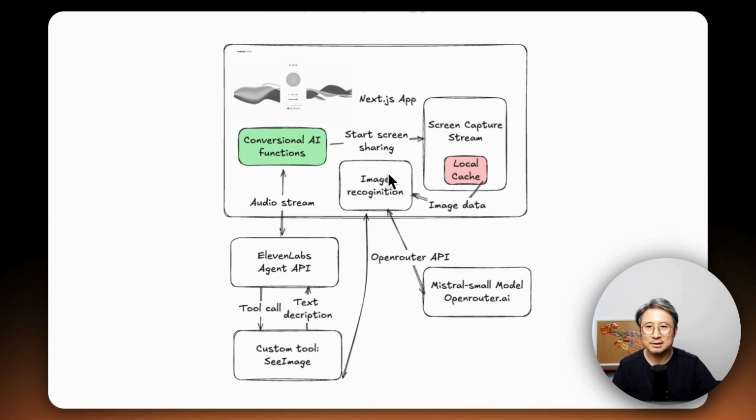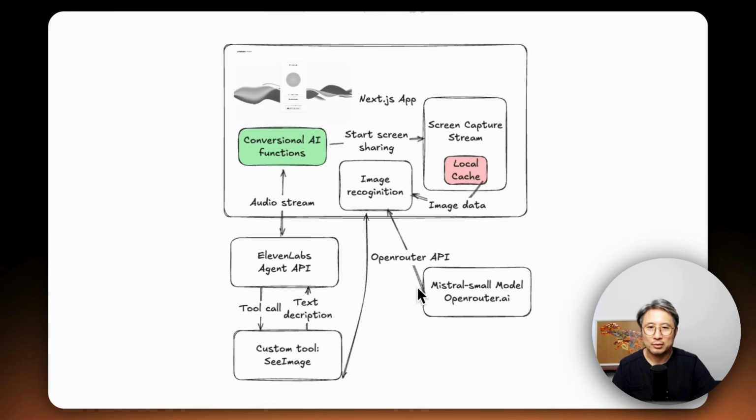This processing block then runs the CImage function, which takes the latest screenshot from the screen share storage and sends it to an external vision model. Like I said, we use Mistral Small for its quick and cheap inference, through the OpenRouter API.